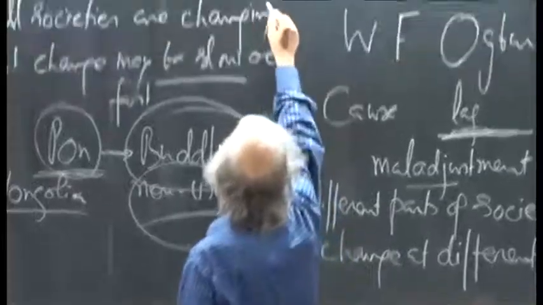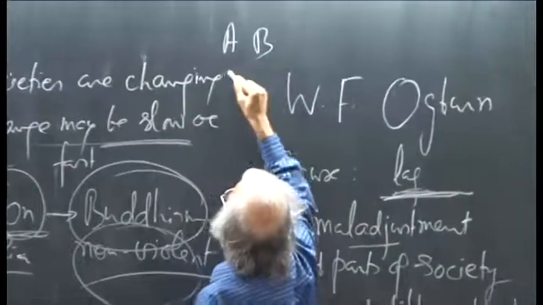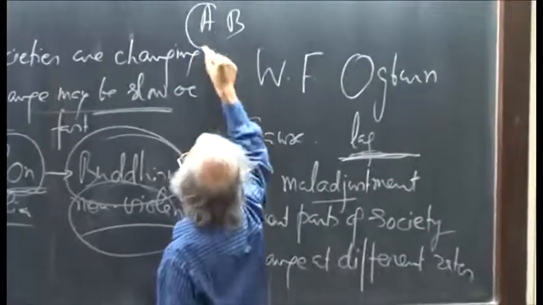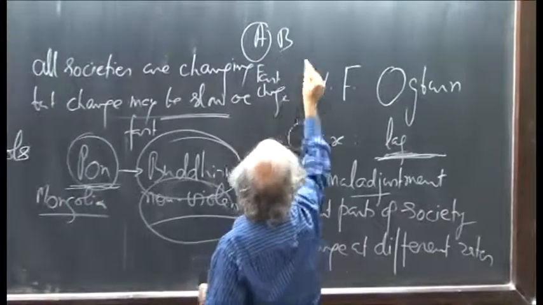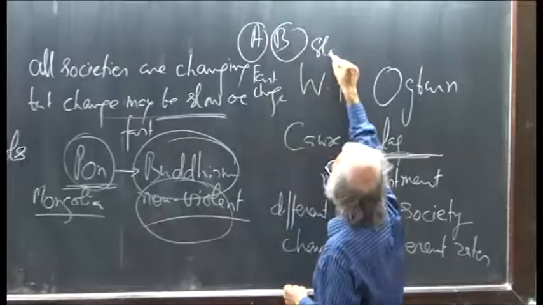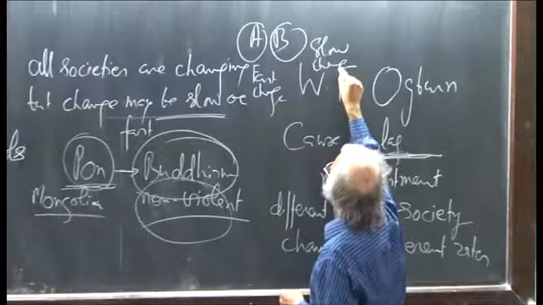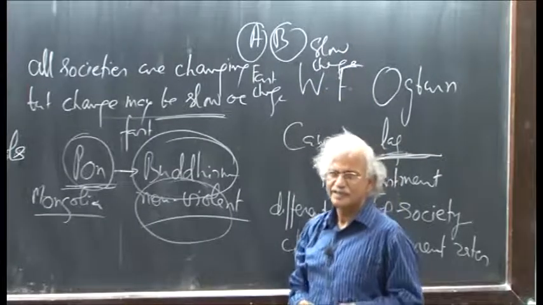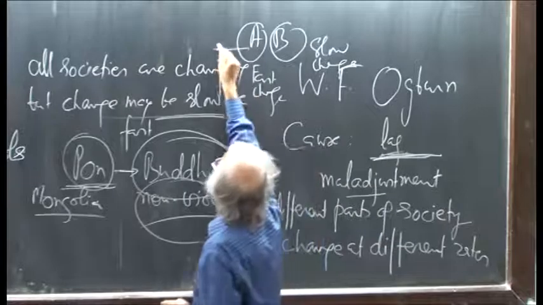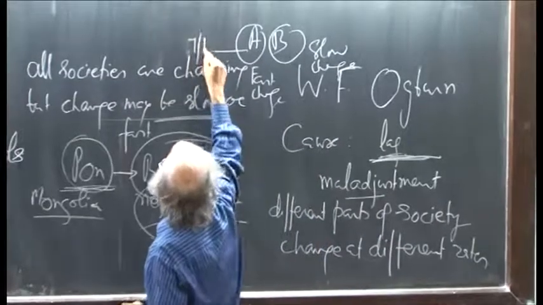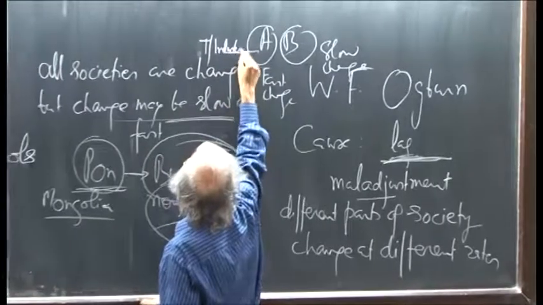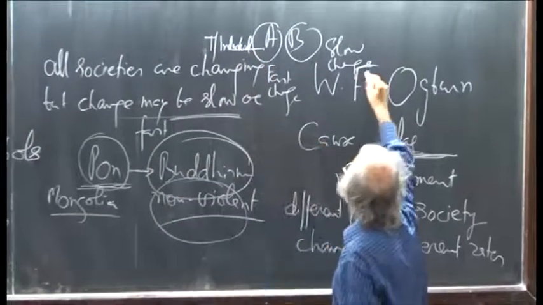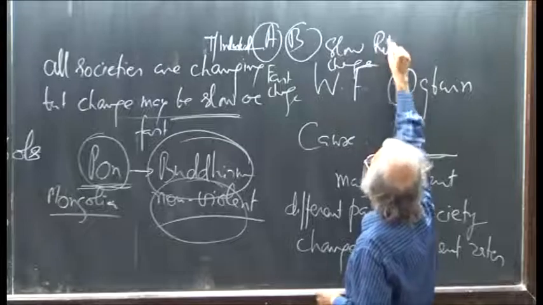Take any two things, A and B. A is changing very fast, B is a slow change. A may be, say, technical or industrial change, and B may be religious change.